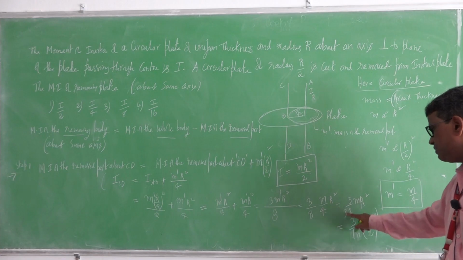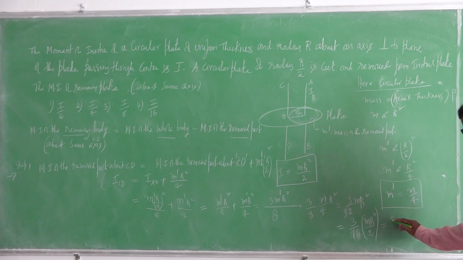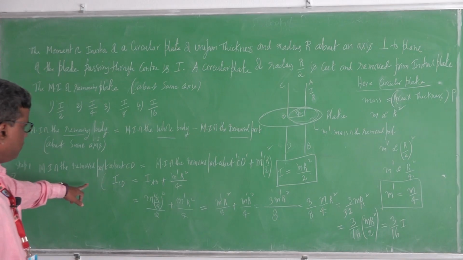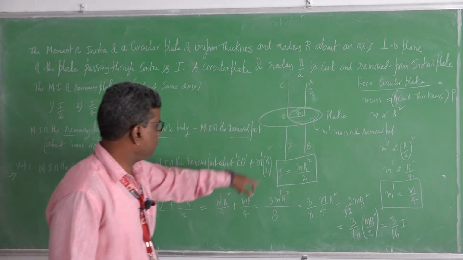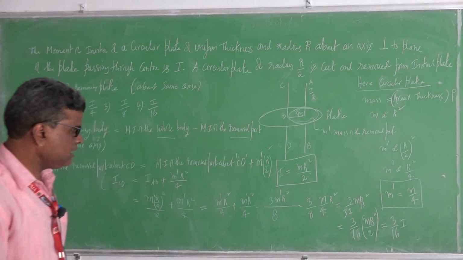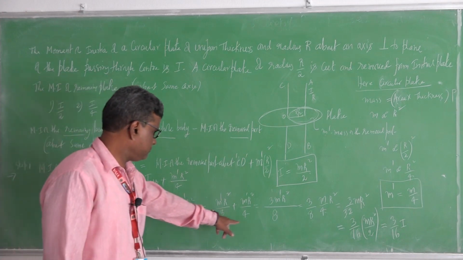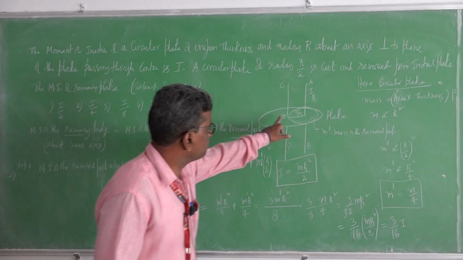So this is 3 by 16 m r square by 2, I will write it as I. So the moment of inertia of the removed part about the same axis is 3 by 16 I.